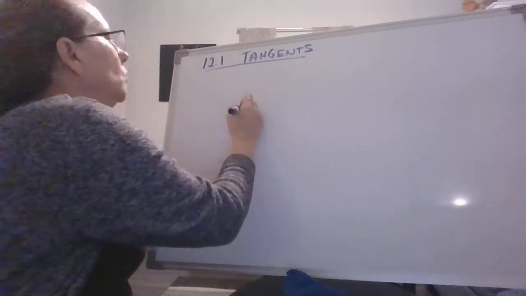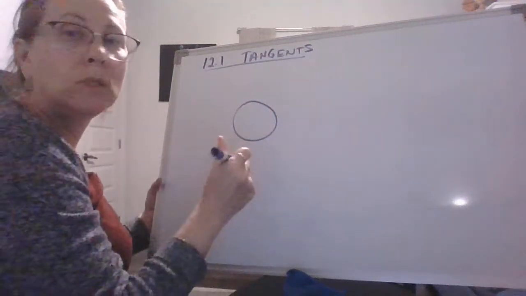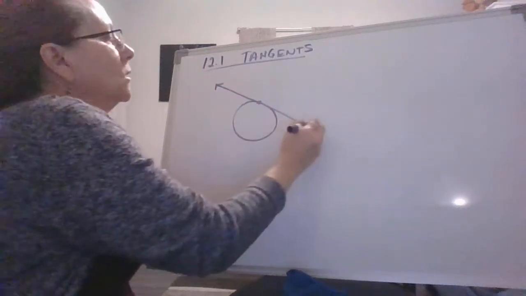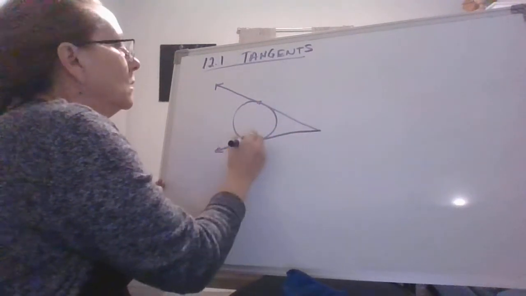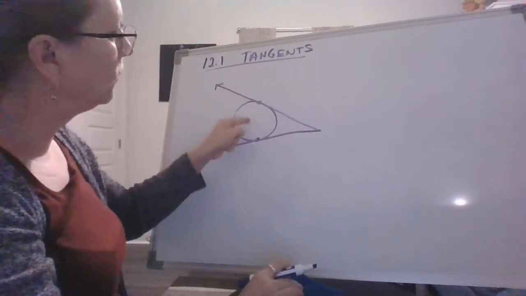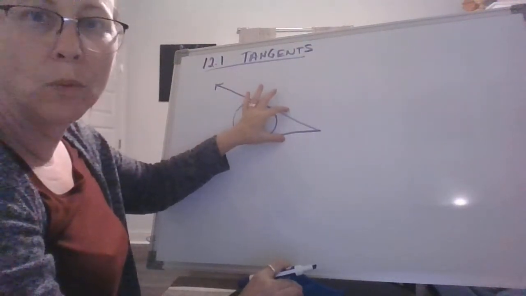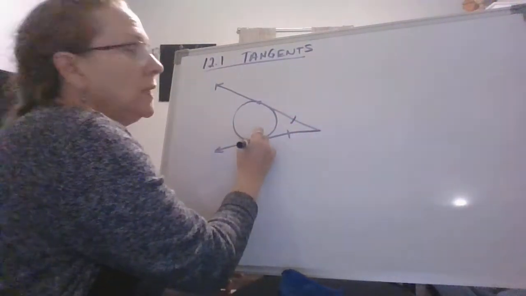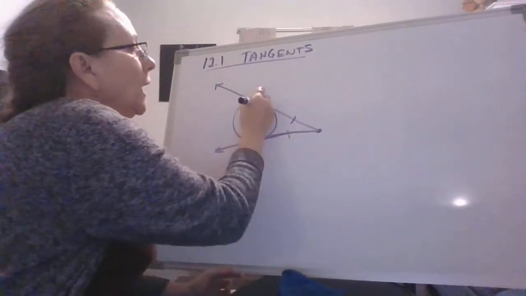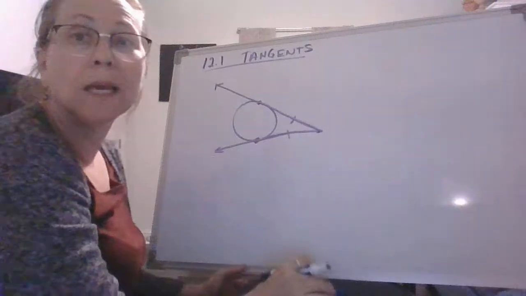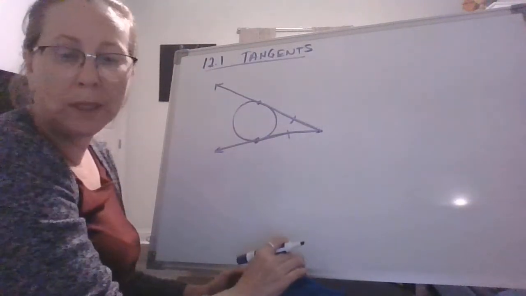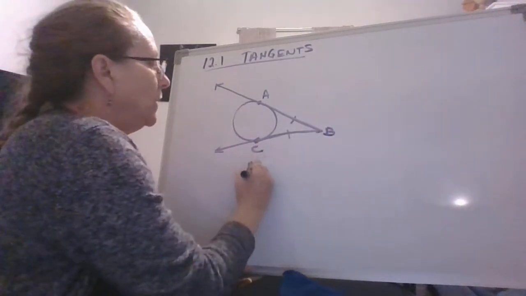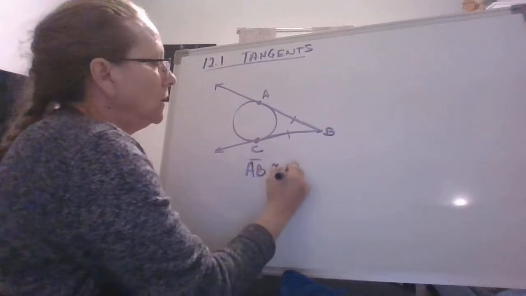If we have a circle and we have 2 tangents, well, we were just talking a moment ago about the radius in here, but one thing that's really important is that these 2 tangents, from the point of tangency to the exterior point, they are congruent. So if we call this A, B, C, AB is congruent to BC.